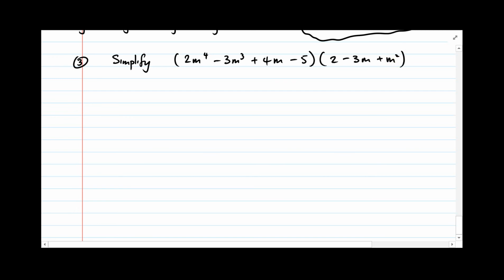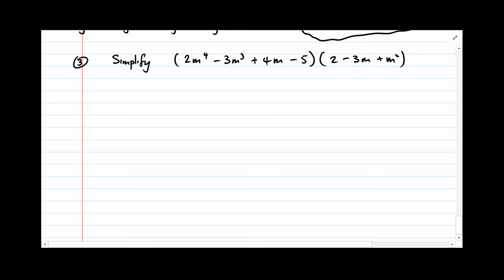Okay, we have these polynomials. While the first one I have lined up in descending order, the second one is not. This is an ascending order.